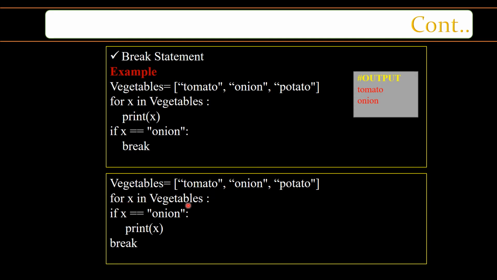When x is in vegetables, if x is equal to onion, break. First it will print tomato, since x is not onion. Whenever it becomes onion, the break statement will get executed. So only the tomato statement will get printed.